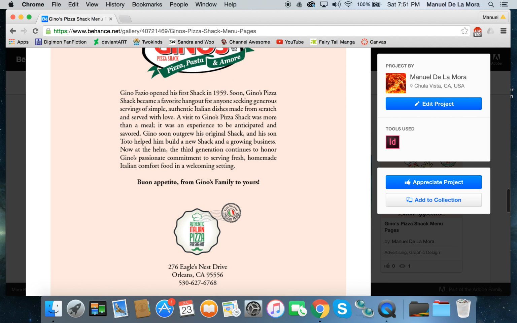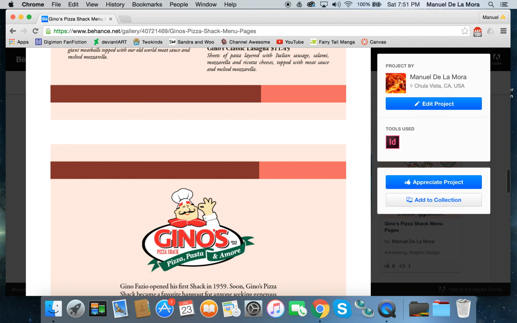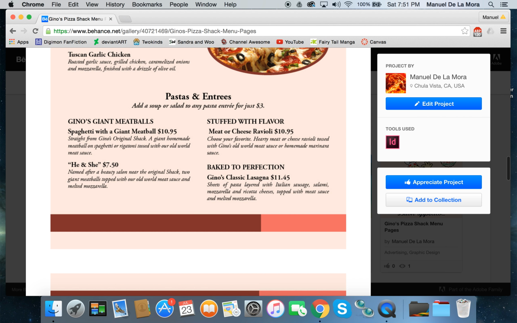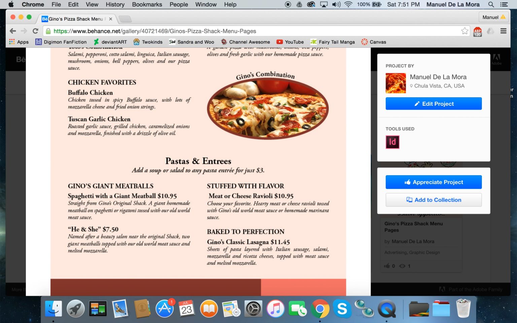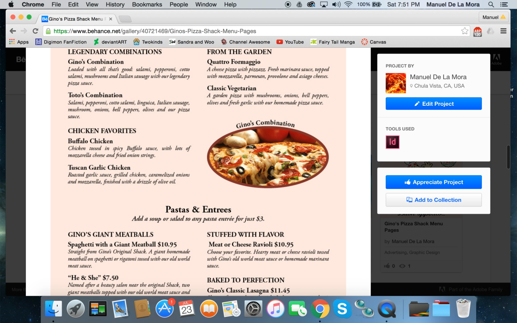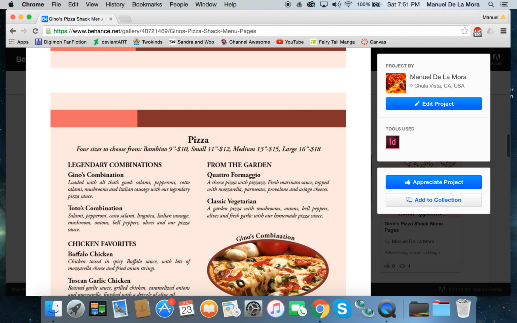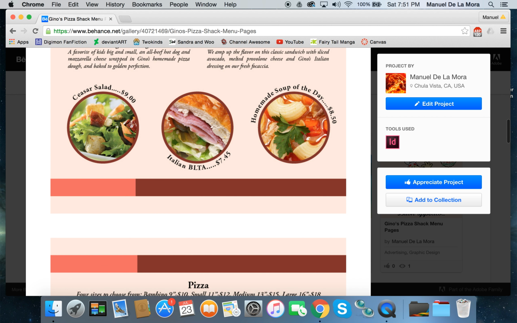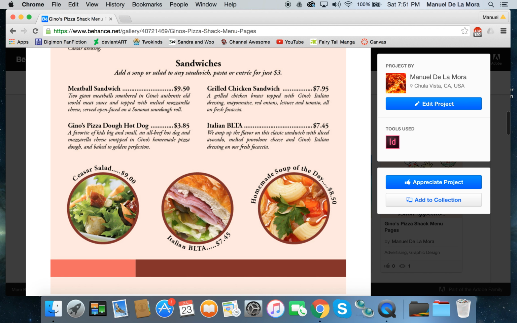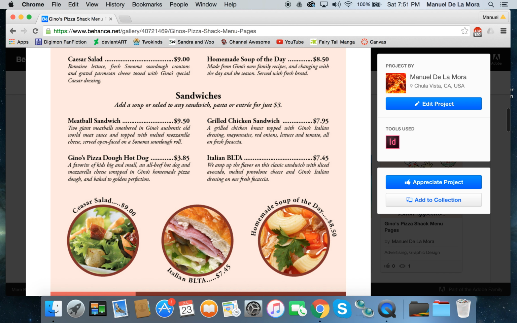Now, there are two other tones of red to add contrast to keep everything from being mundane. And I also use the darker tone of red to act as a border for the images that are placed on the two inner pages of my menu. The images themselves, of course, are used to also entice the appetite.